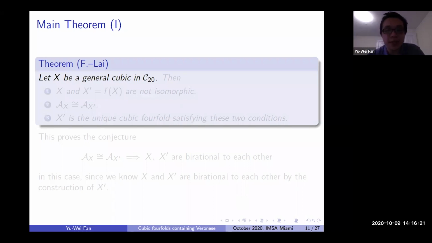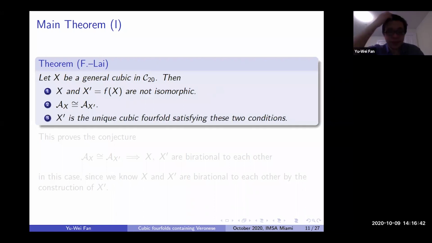Suppose X is a general cubic in C20. We show that X and its image under this Cremona transformation are not isomorphic cubic fourfolds, but they have equivalent K3 categories. And also X prime, this image, is the unique cubic fourfold that satisfies these two conditions.